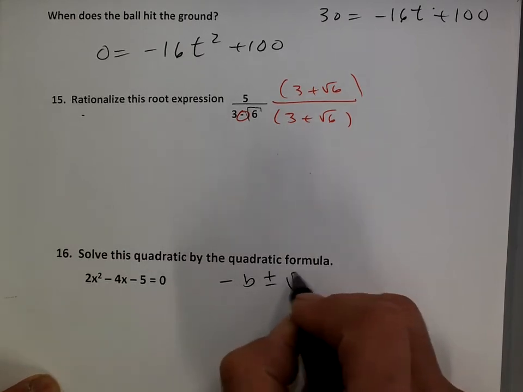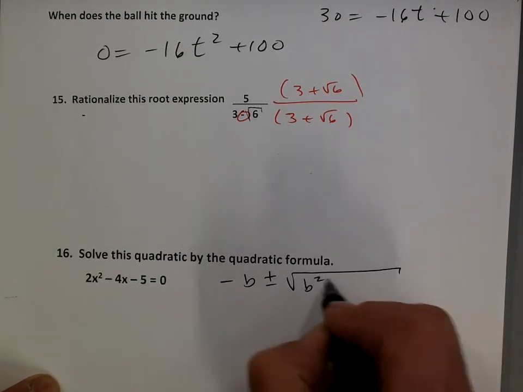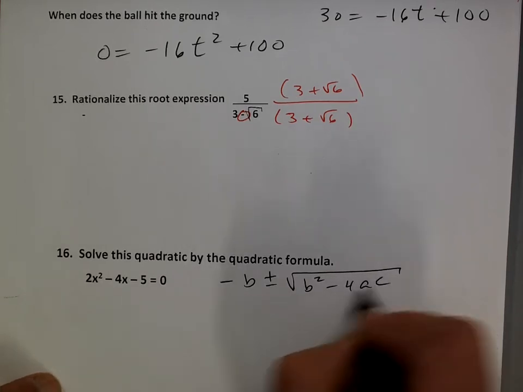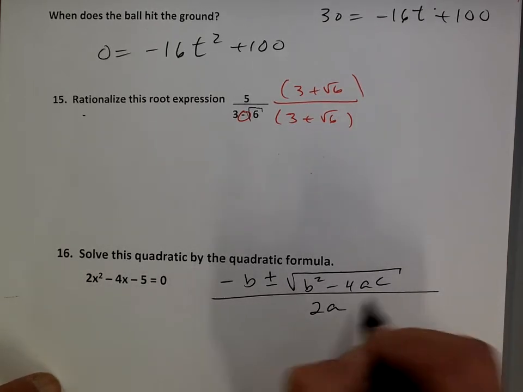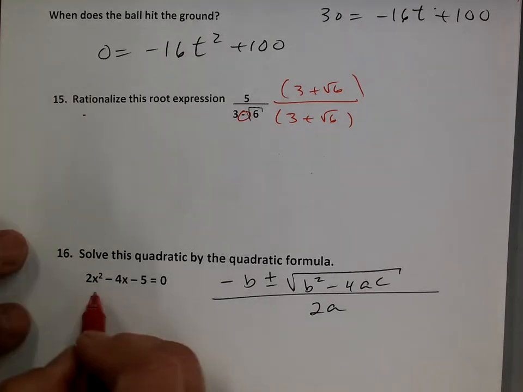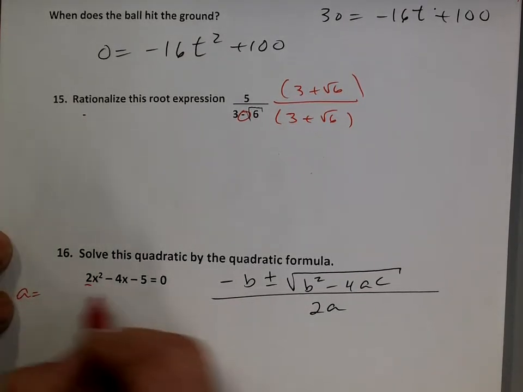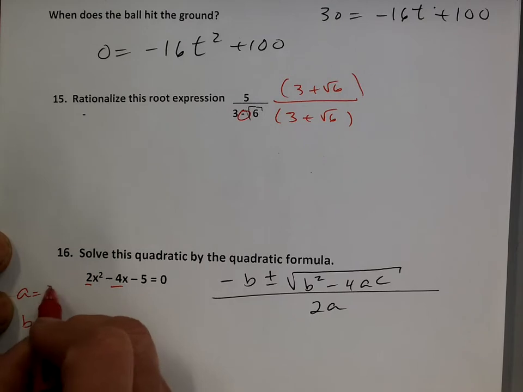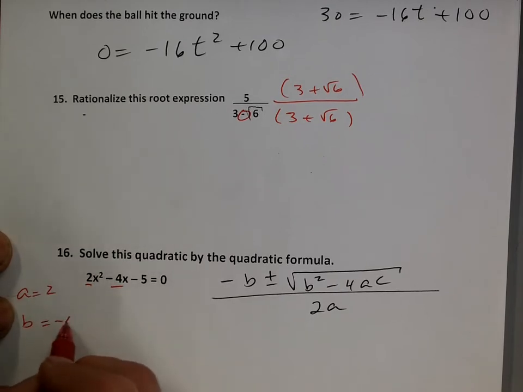plus or minus square root b squared minus 4ac all over 2a. A is 2, b is negative 4, and c is negative 5.